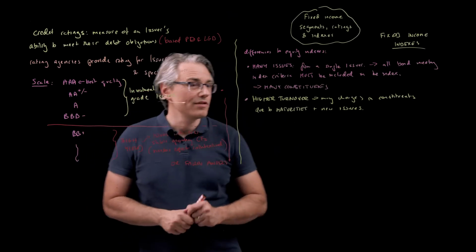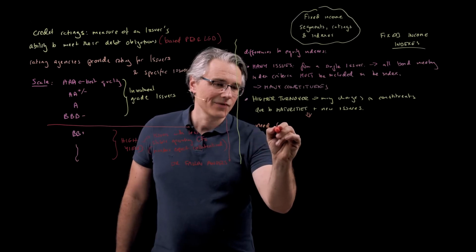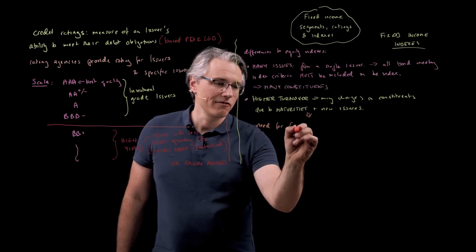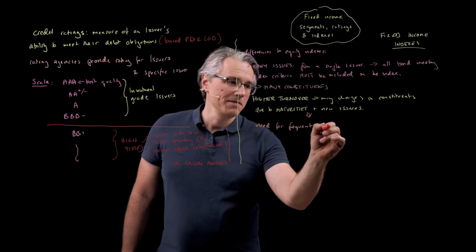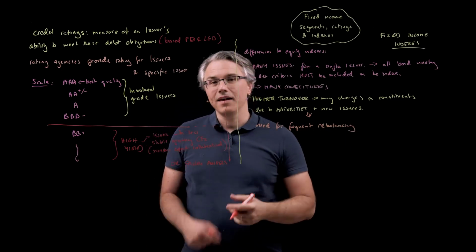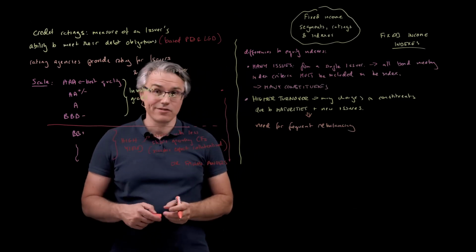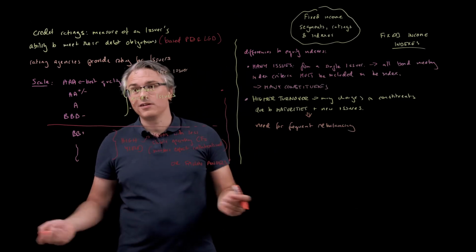So this creates a need for what your curriculum calls frequent rebalancing, meaning a look at the list of constituents, potentially dropping some, including some others.